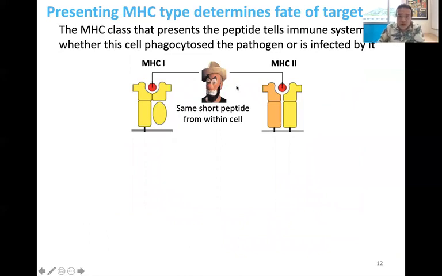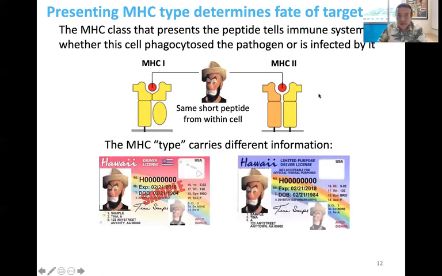Here's bad clown. If bad clown somehow gets into one of the cells of your body, for example, if he infects one of your cells, then pieces of bad clown will be presented as the red dot on MHC1. If bad clown is phagocytosed and destroyed inside of something like a macrophage, that macrophage will present the red dot from bad clown on MHC2.